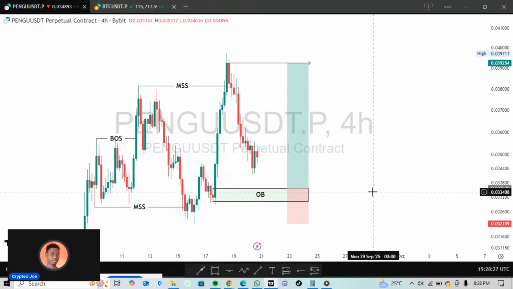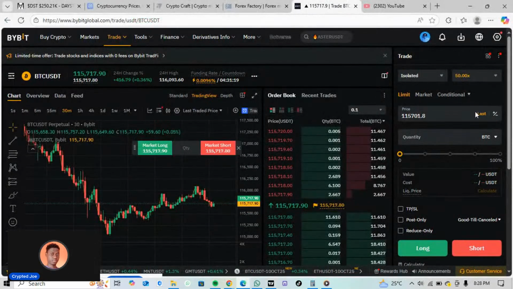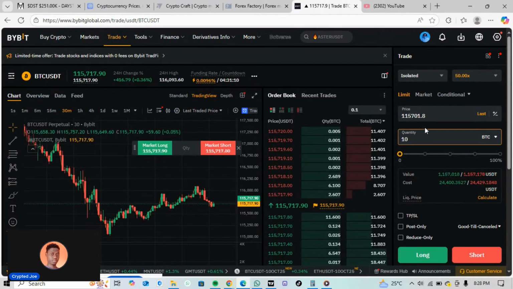If you want to enter with $1 from that $5 account, you do $1 multiplied by 10x leverage. That is 1 multiplied by 10, which gives you 10. So you write 10 in this place where they are showing quantity, and then put your price there.